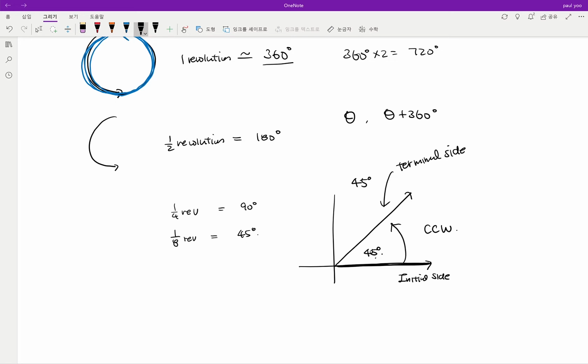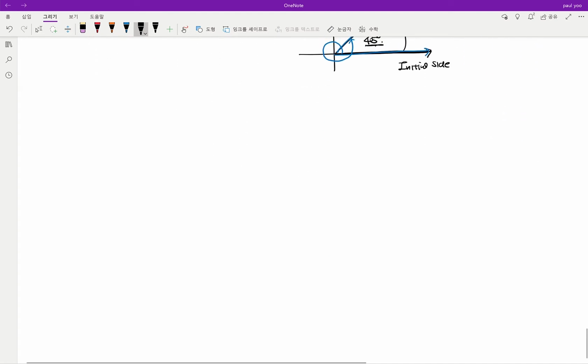Then this 45 degrees is equal to 360 plus 45, which is 405 degrees. So 405 degrees is congruent to 45 degrees in terms of the initial side and the terminal side.